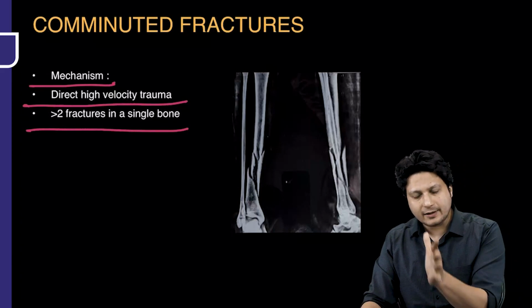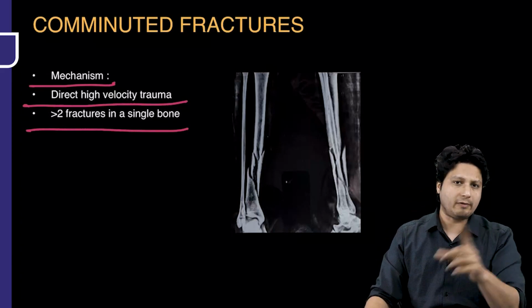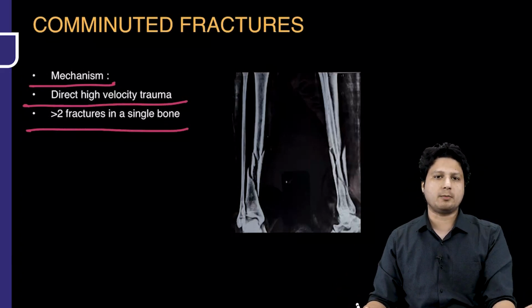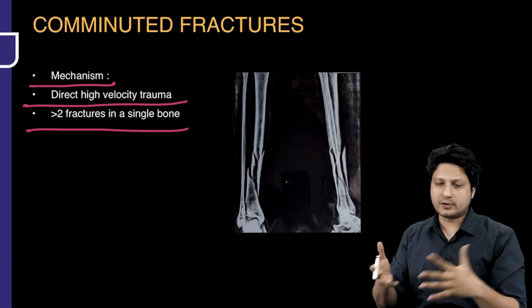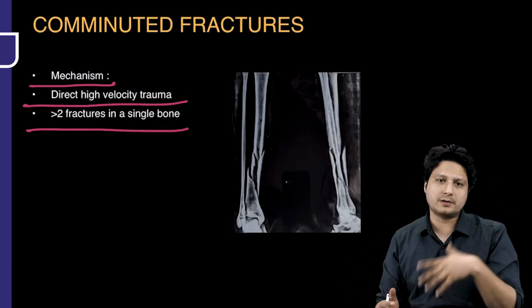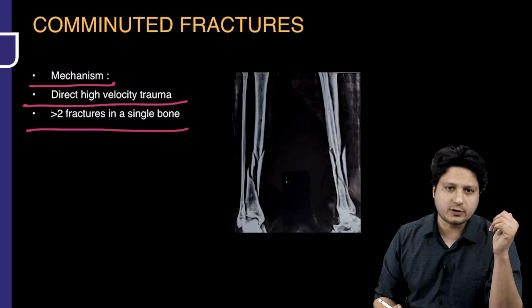And with these kinds of breakdowns, when a bone is subjected to a very high velocity trauma, there will be injury to the soft tissues also. There will be injury to the periosteum also. Associated injury to the nerves and vessels also. So comminuted fractures possibly have a poorer prognosis in comparison to the other sets of fractures.